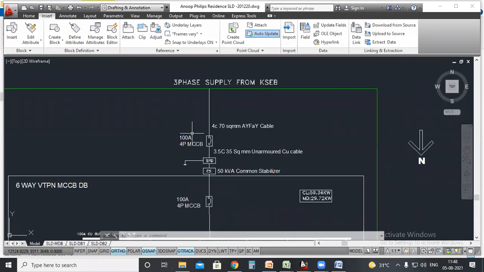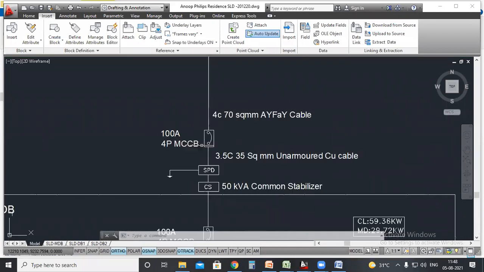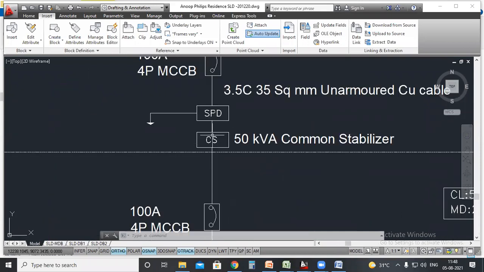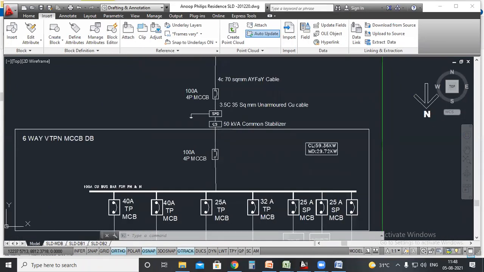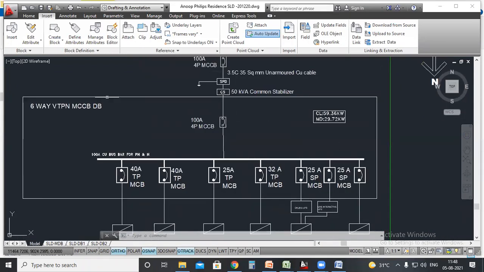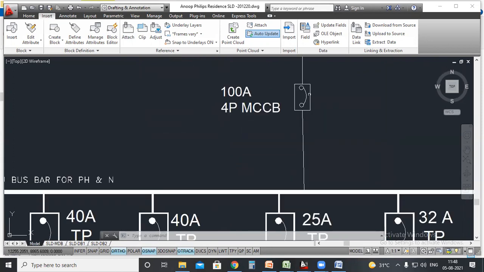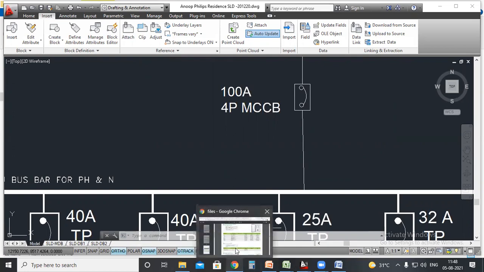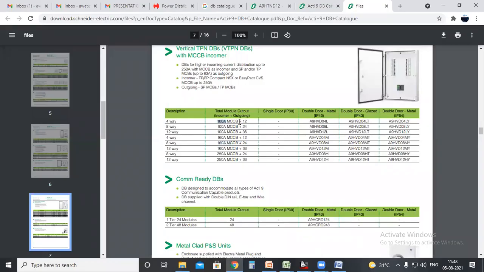This 4 pole MCCB is located outside the distribution board. We have a surge protection device and a common stabilizer, and this enters the DB. You can see a 100 ampere 4 pole MCCB as an incomer, similar to the catalog you have seen.